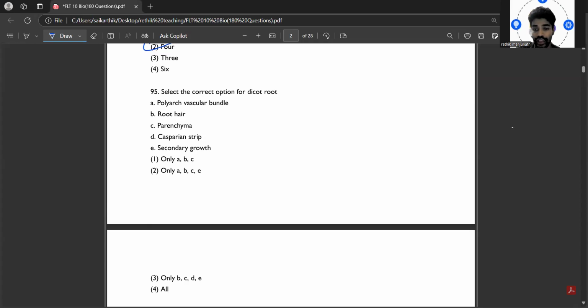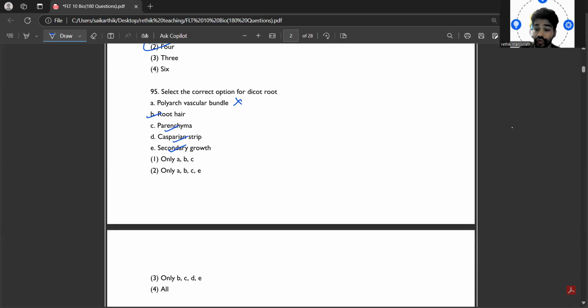So in the 95th question, we need to select the correct option for the dicot root. So A, do you see any polyarch vascular bundle in the dicot root? No. B, root hair? Yes. Then parenchyma? Yes. Then Casparian strip? Yes.